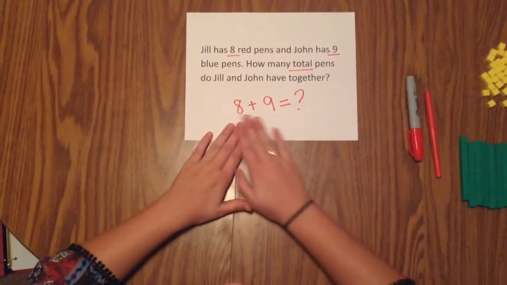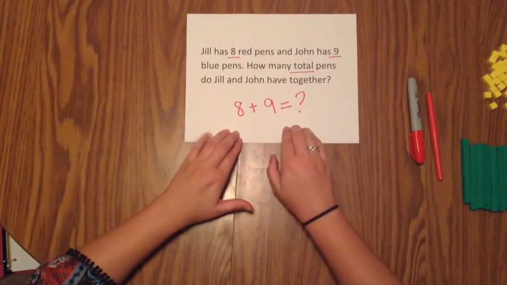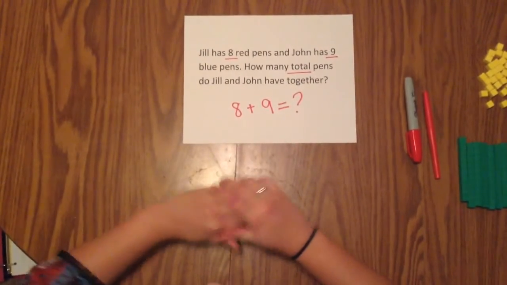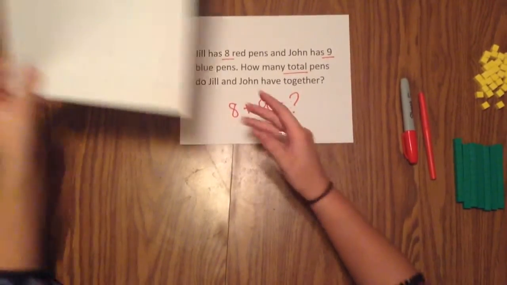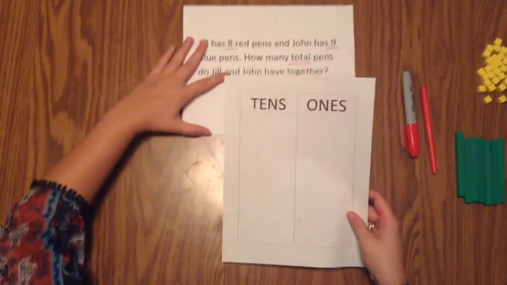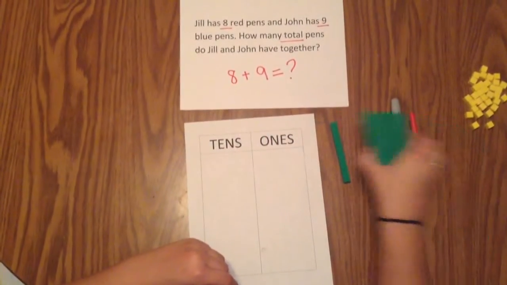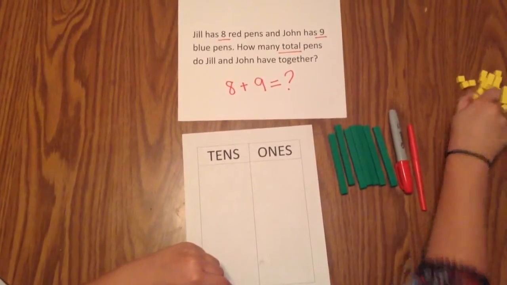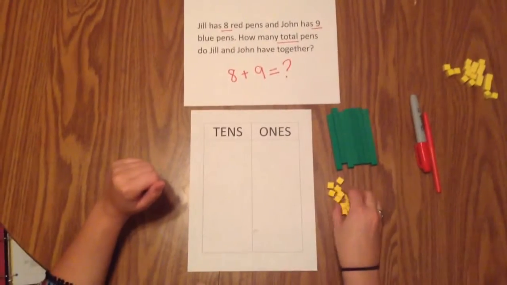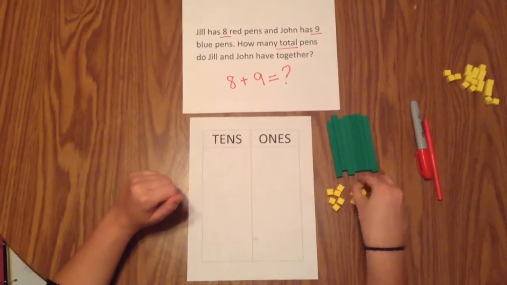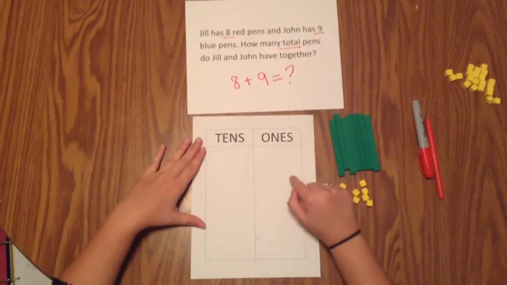So now that we have it written out in a number sentence, we're going to solve it by using a place value chart and base 10 blocks. Alright, the first thing we're going to do is put 8 in the ones place.